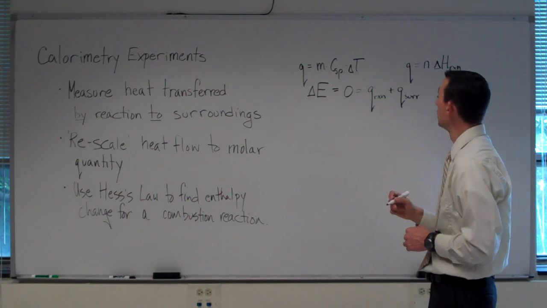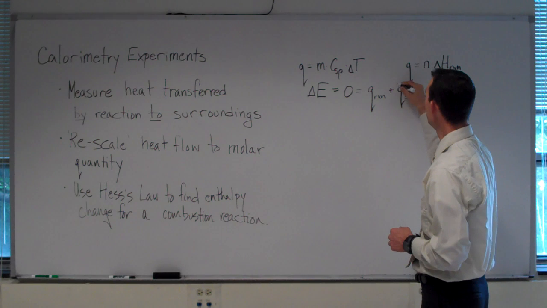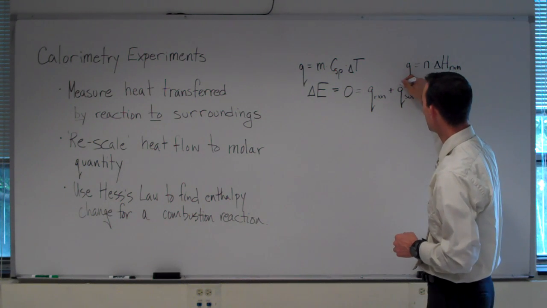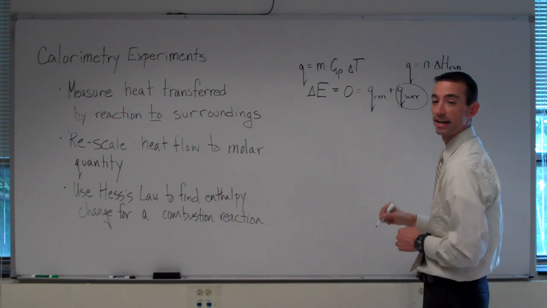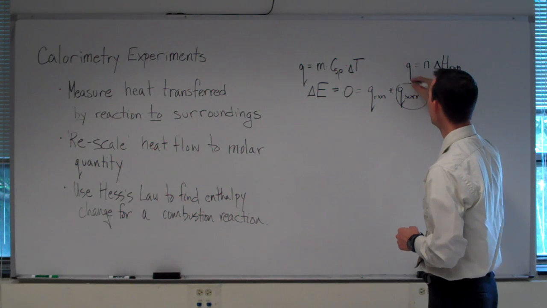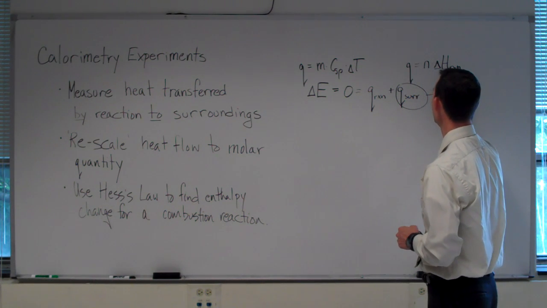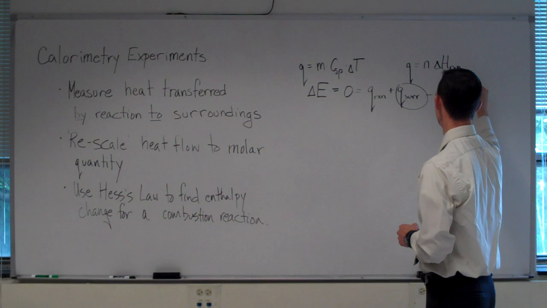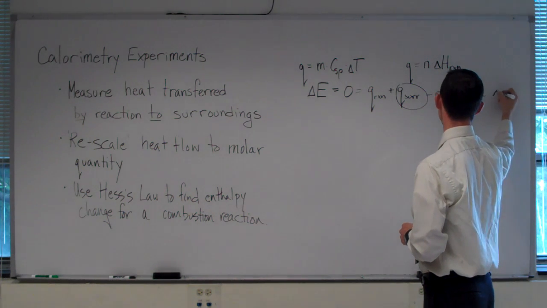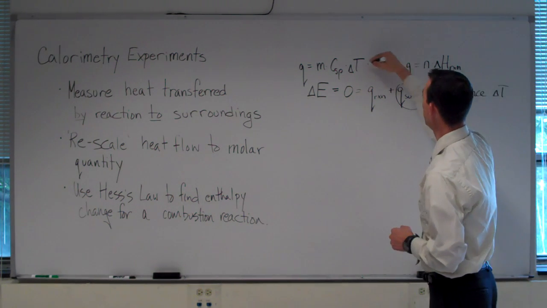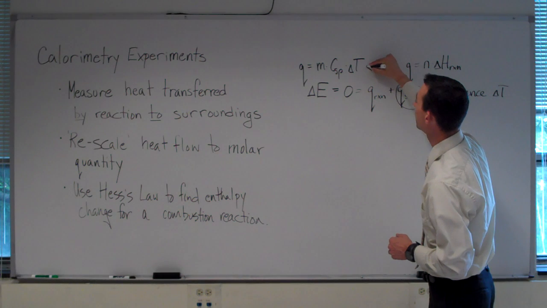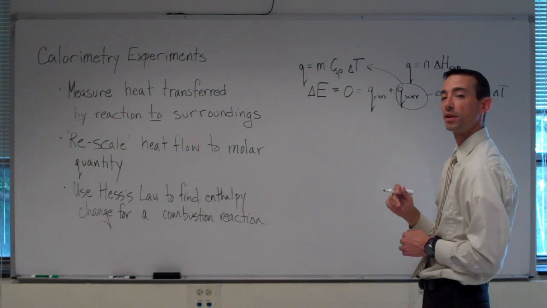Okay? We will be able to measure the heat of our surroundings today, because the surroundings will experience a change in temperature. So that means we'll use the first formula that we have up here.